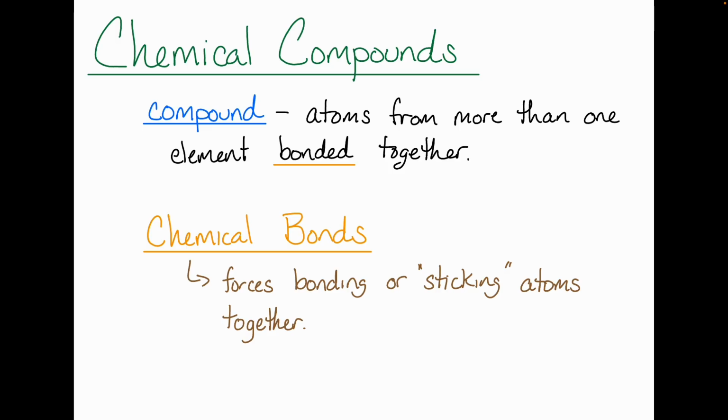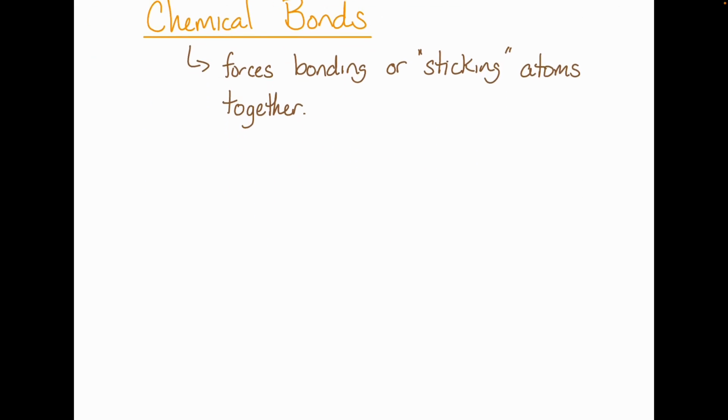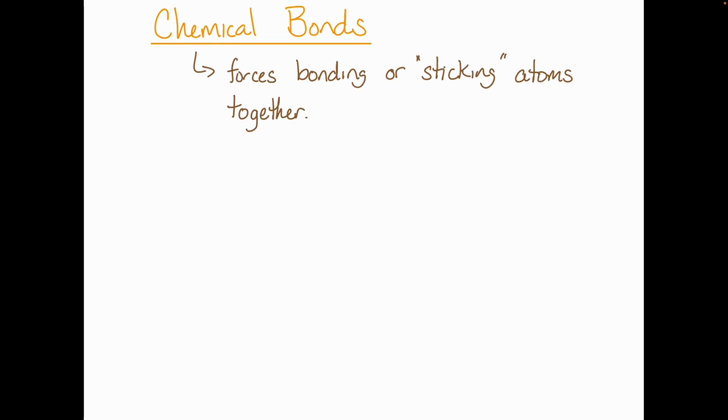Atoms will form bonds with other atoms, and there are two different types of bonds that we're going to look into. Our first is what's called an ionic bond.